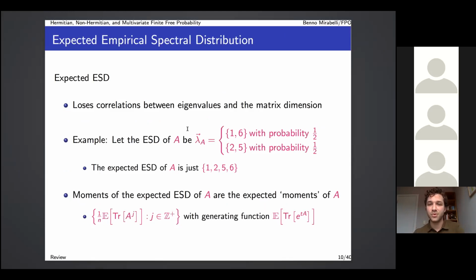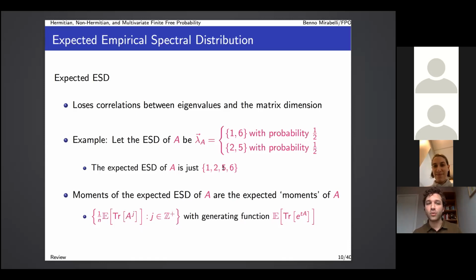Just to give an example, if I have a random matrix A, where its eigenvalues are 1 and 6 with probability 1/2, or its eigenvalues are 2 and 5 with probability 1/2, this fully describes its empirical spectral distribution, but its expected empirical spectral distribution is a single collection of values, 1, 2, 5, and 6. So you see here that we've lost the underlying dimension information, and we also lost the fact that the 1 came with the 6, it could have come with the 2. We no longer know here.